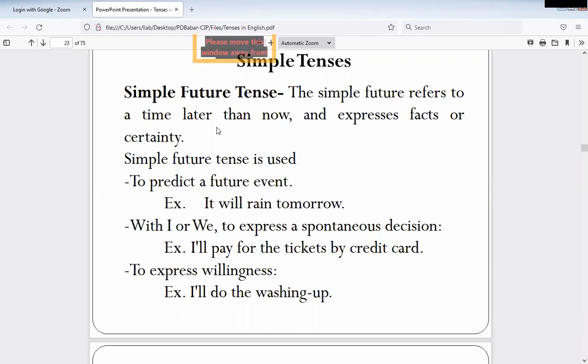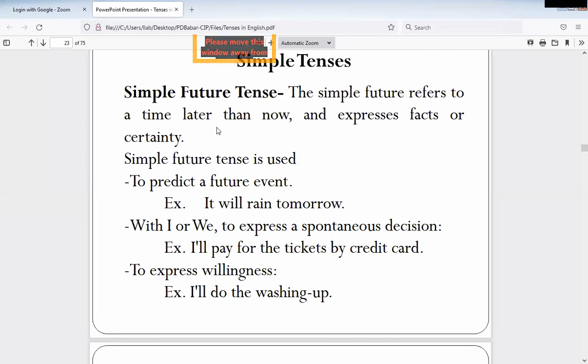Engineering will be growing day by day. Engineering is the field which is growing day by day.